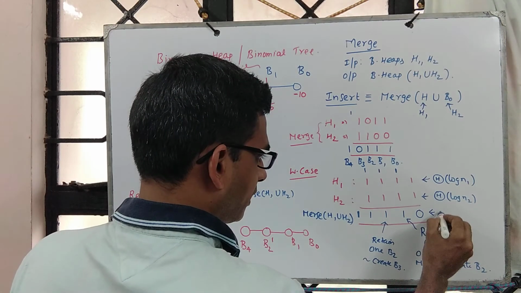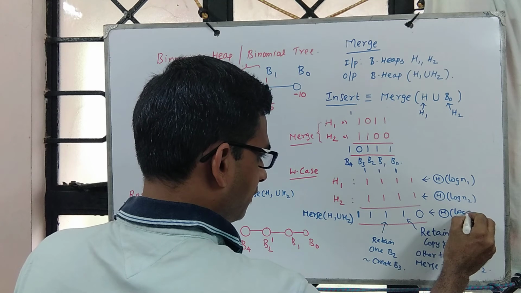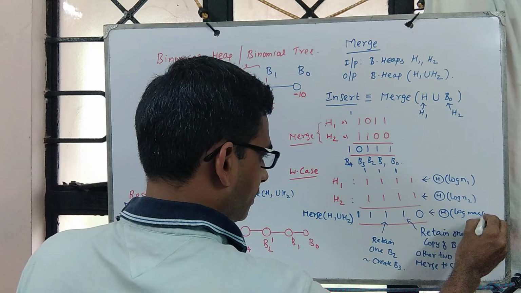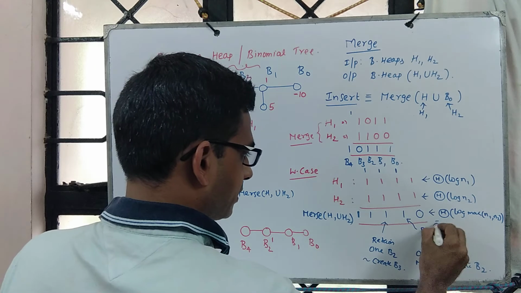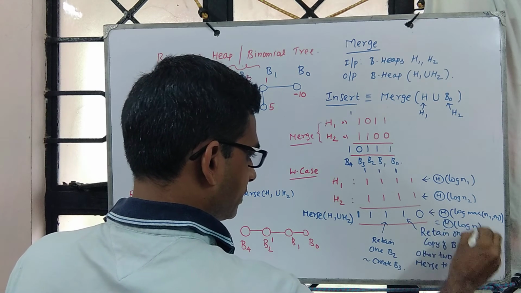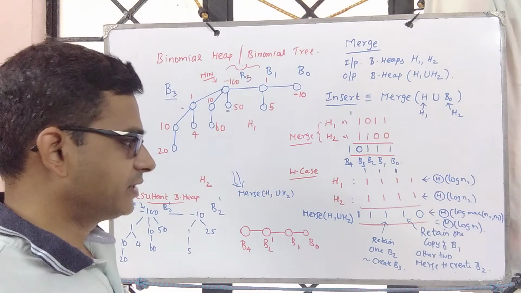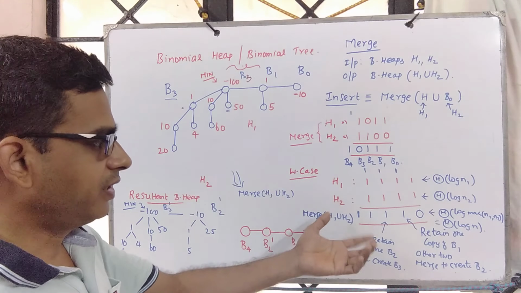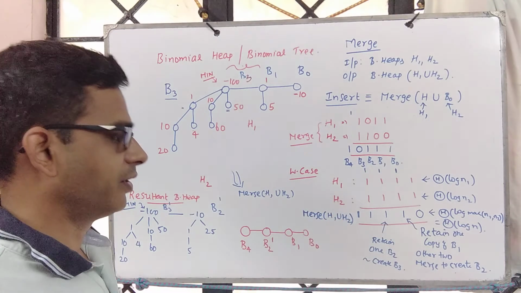So if you look at how many operations we took, that would be log of max of say n1 comma n2. But this can be expressed as a function of n. So merge also takes theta of log n. The worst case it is theta of log n, and in the other case it is order log n.